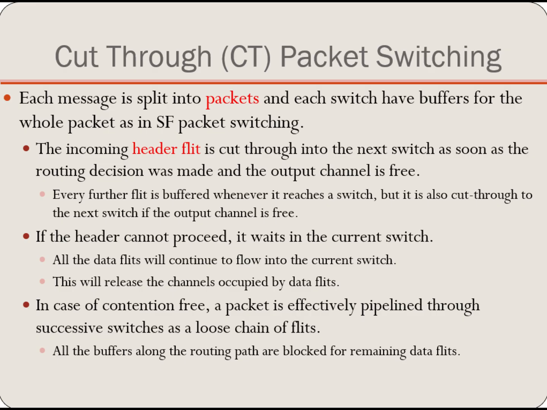Now if in some switch the header cannot proceed, meaning its corresponding output link is not available, the header will be stored in its output buffer and wait until the whole packet comes in, and until the corresponding output link becomes free. Then you start to cut through again. That's the purpose of it.